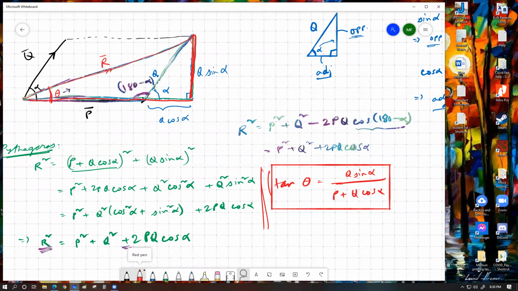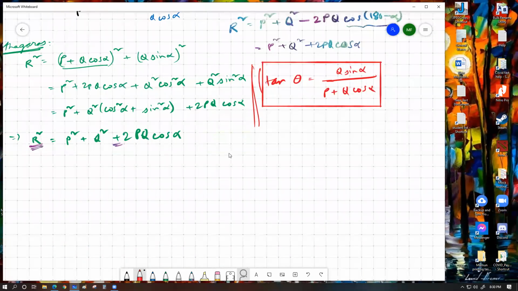So the key two equations that we are trying to get out of this whole discussion, one is this red rectangle, and the other one is this one.